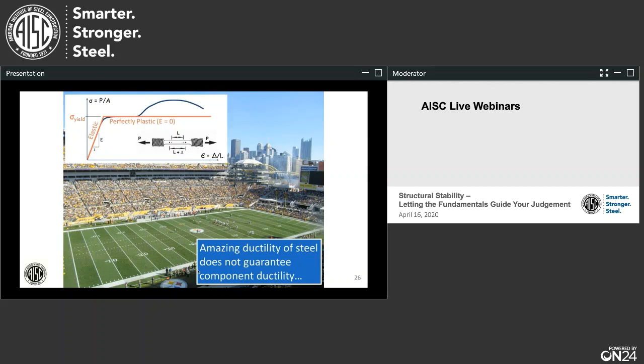And you've always got your elastic range, followed by some perfectly plastic yielding, strain hardening, right through to rupture. I think one of the things that these Steelers fans know, but maybe you need a refresher on, is that this diagram, as I'm showing it up here, is not at all to scale. When we put things in scale, I'm going to take this point right here where everything kicks off, and let's call that the 0 yard line.